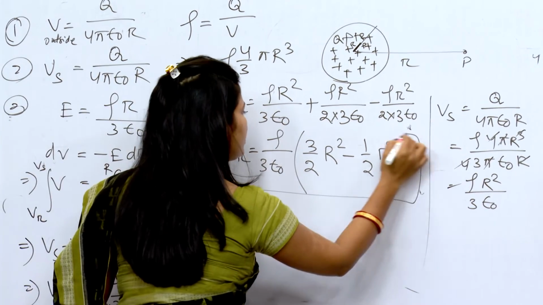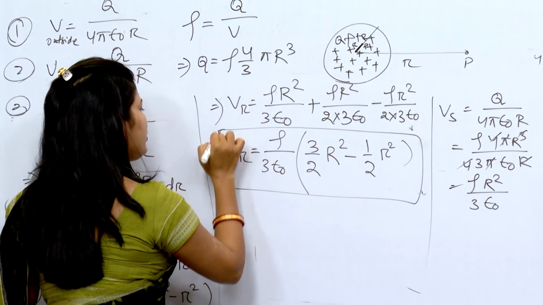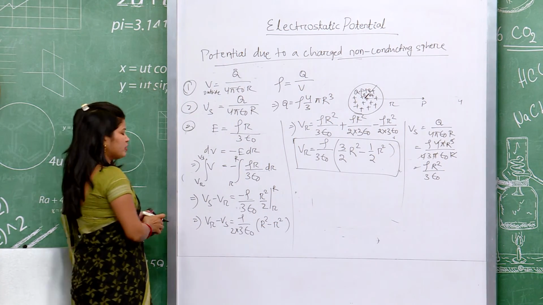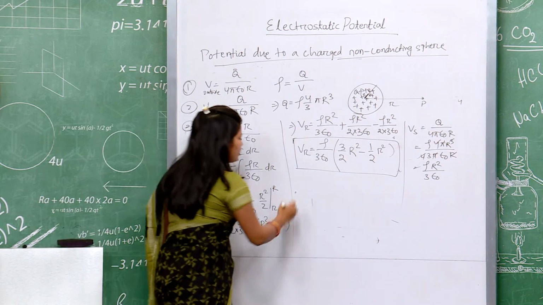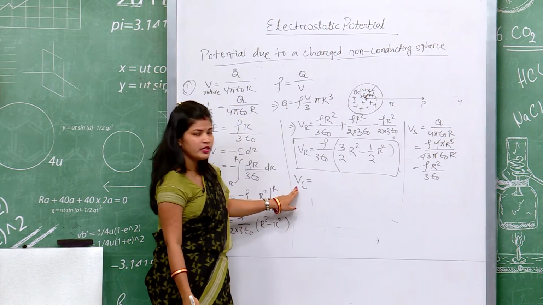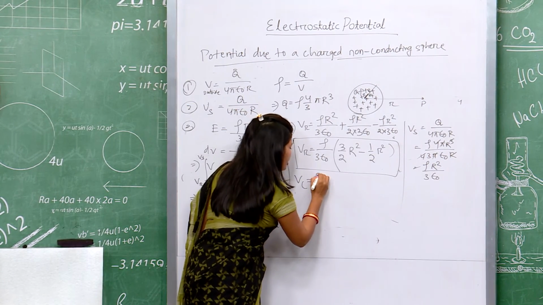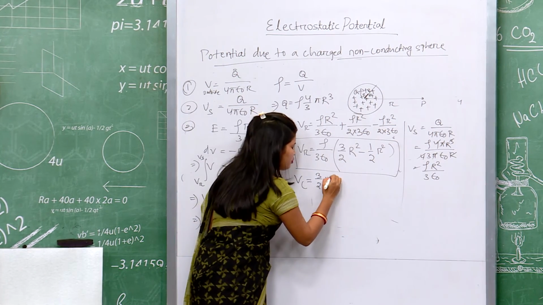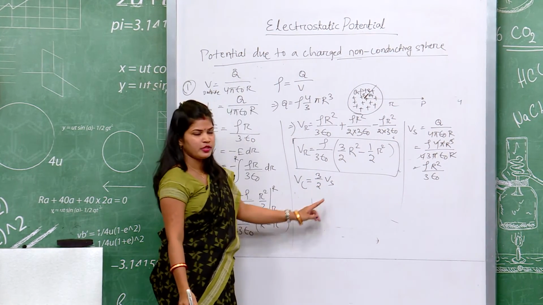This is a very important relation, you must remember it, because we are going to use it a lot in competitive examinations. So, I can make a graph here. If I go to the center, the potential at the center is 3 by 2 times, that is 1.5 times, the potential on the surface.